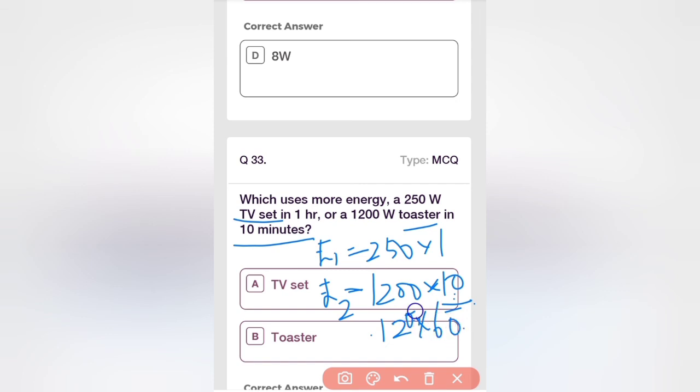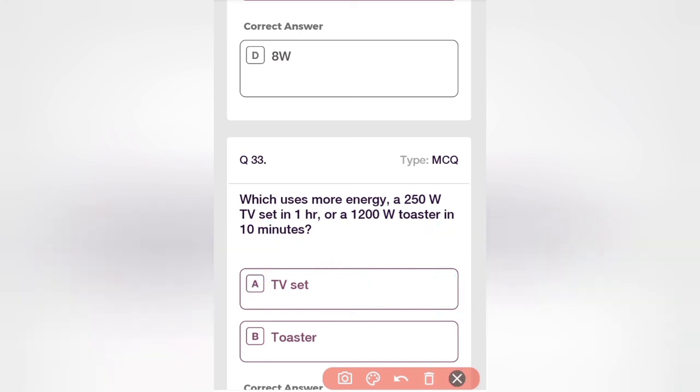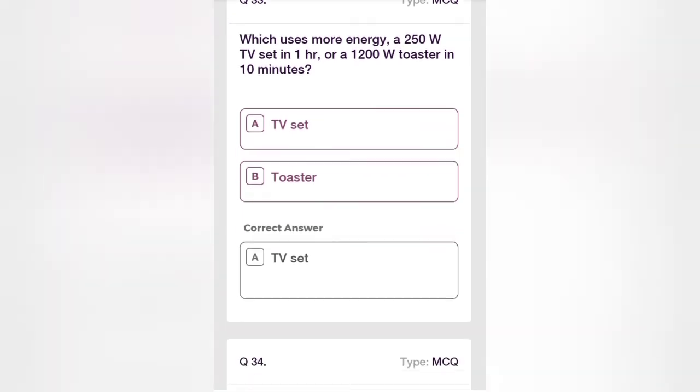So you can have it in joule. Here 1 hour means 3600 seconds. So which is more? The TV set is going to consume more energy. Option A is the correct answer.